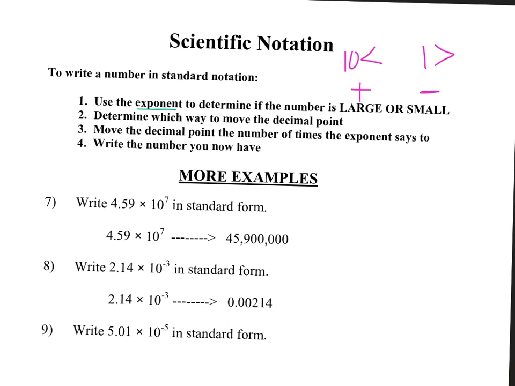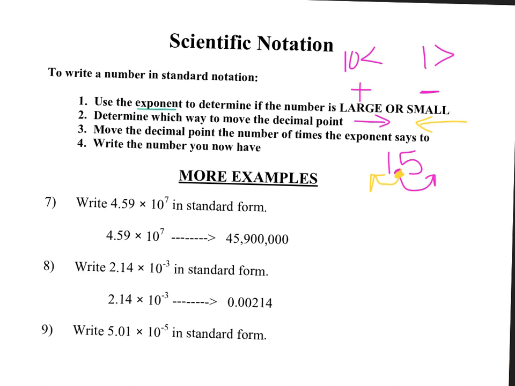So if I have something like 1.5, if I need it to be a big number, we would want to move it to the right. So therefore, large numbers, you're going to be moving that decimal to the right. If I have the opposite going on, so if I want something less than 1, you move it to the left. And that'll be what we're going to be doing with these examples.